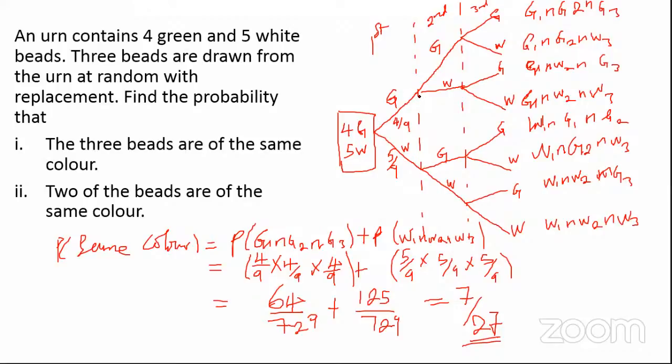On part B, the probability that two of the beads are of the same color. I think we are going to go back to our tree diagram and pick the sets where we have two colors that are the same.